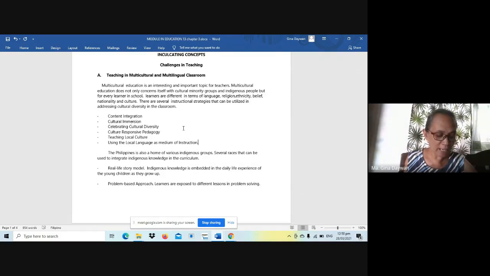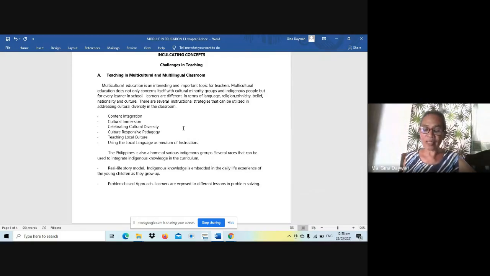Language plays an important role in the teaching and learning process. In real life, education and society are inseparable because education is a social activity that is important for all human beings.